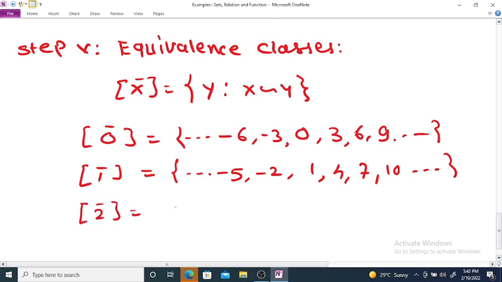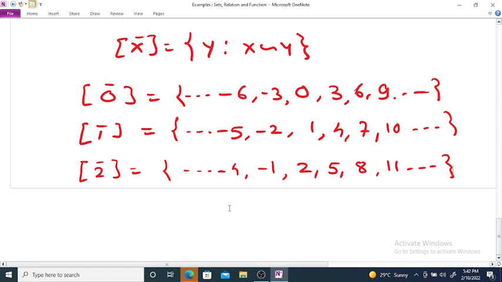Next, 2 bar is equal to -4, -1, 2, 5, 8, 11 and so on. All these numbers, their difference with 2 is a multiple of 3. What is 11 minus 2? It is 9, which is a multiple of 3.